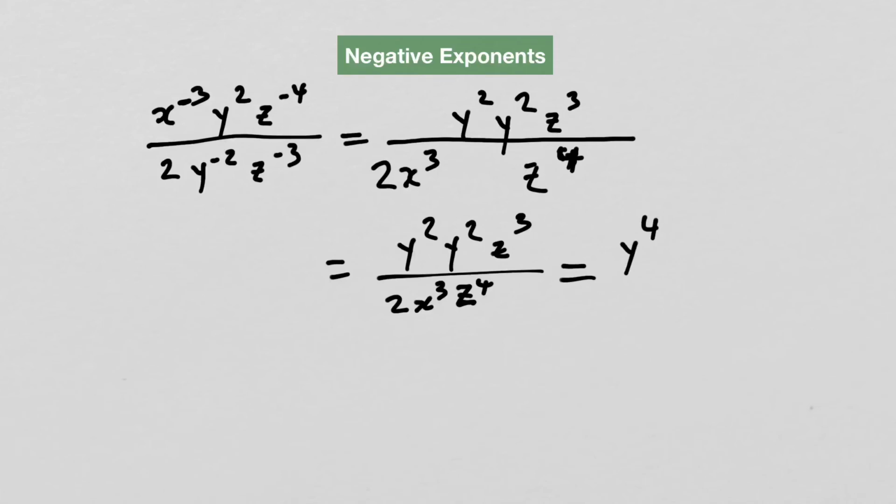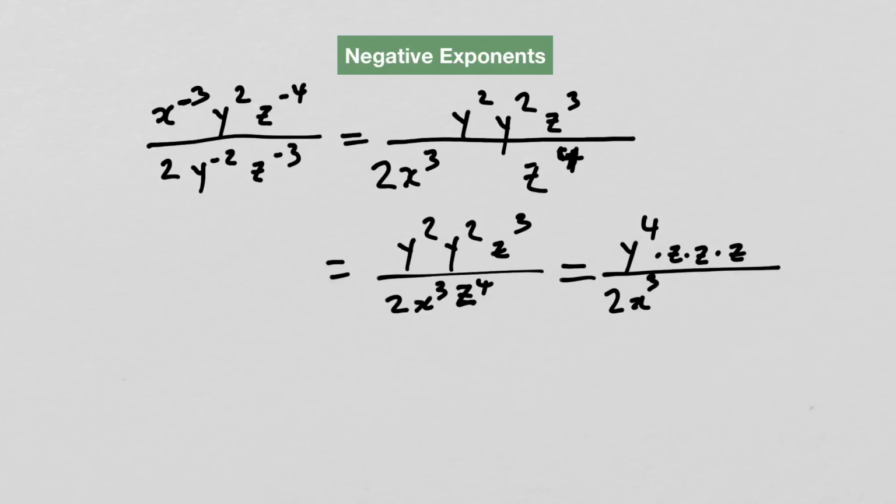Okay, so to simplify this, we know that y squared times y squared is y to the 4th. Okay, what do we do with the z? Well, let's think about this. We're going to multiply the z out. So this is times z times z times z. Okay, we're going to just leave it at that for now. Down in the denominator, we have 2x cubed, but then we have z to the 4th.